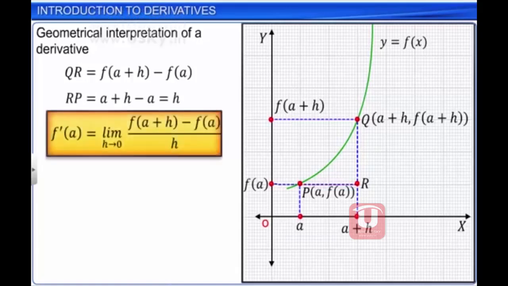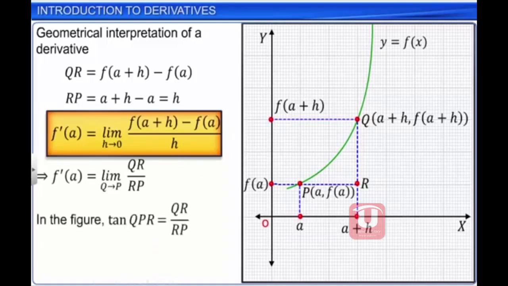Now, according to the definition of the derivative at a point, we have the expression as shown. In the figure, this is equivalent to QR divided by RP, where point Q tends to P. The ratio in the limit is equivalent to tan QPR.